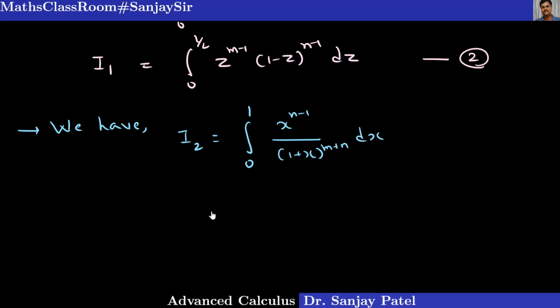This I can write directly, as we have derived result 2, as integral 0 to 1 by 2 z raised to n minus 1 into 1 minus z raised to m minus 1.